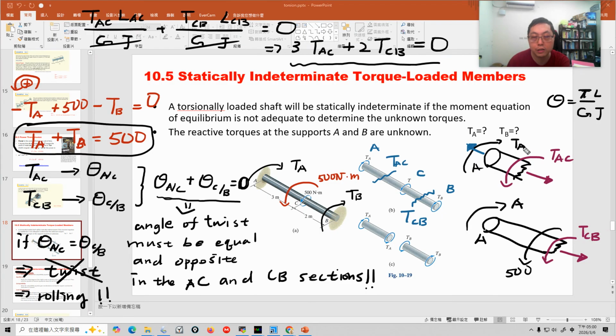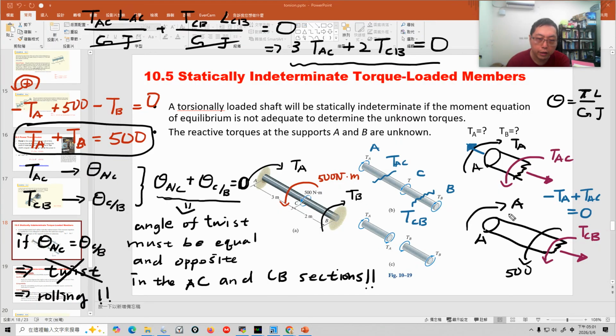That means, what's the sign of TA? Right now our internal surface is here, and this is the thumb direction for TA, so it's inward to the surface. That means minus TA. On the TAC we assume positive, so it is equal to 0.